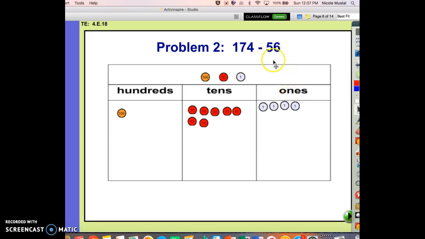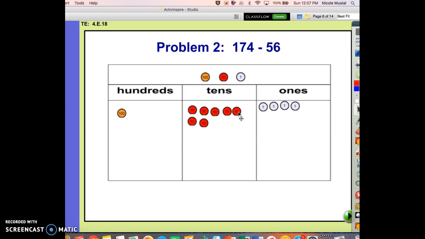Okay, can I take away 56? Well, I have enough tens, but I don't have enough ones. I only have 4 ones. So that means I have to unbundle a 10 to get my answer.